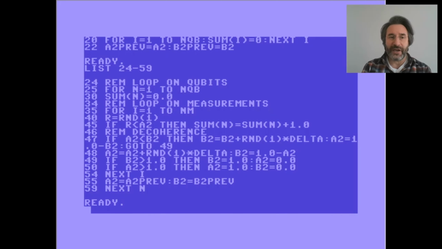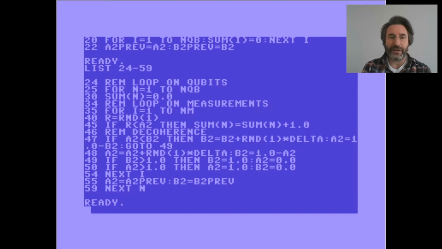Lines 49 and 50 are practically a way to keep things under control. So if the values B2 or A2 are bigger than 1 at some point, we fix them, we set them to 1, and then accordingly the other coefficient becomes 0.